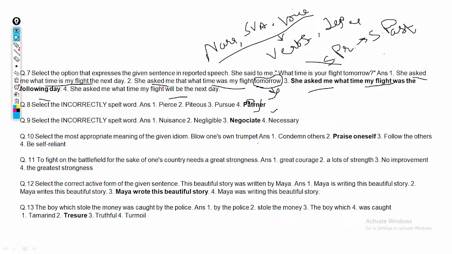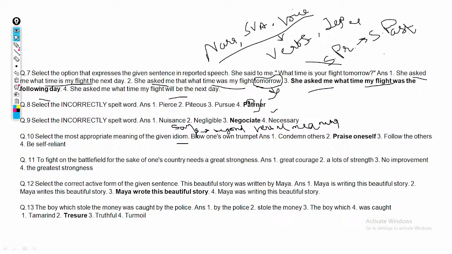Number 10 is an idiom. And I hope if you have followed the questions, you know what idioms are. Idioms are sayings which actually say more, which means they don't verbally mean anything, they go beyond verbal meaning.